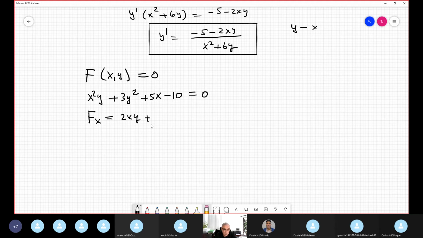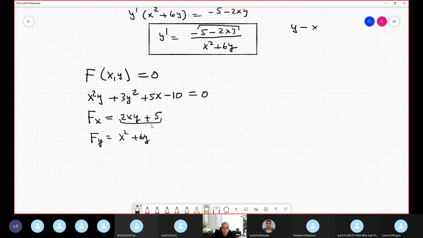The derivative of this is 5. Now the partial derivative with respect to y: when you differentiate this with respect to y, it is x squared. When you differentiate this with respect to y, it is 6y. This is 0, this is 0. And it's no coincidence that this expression is exactly the same as the earlier one with the opposite sign, and this expression is exactly the same with the same sign.